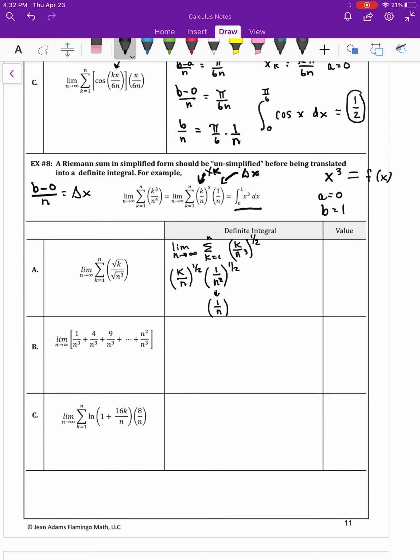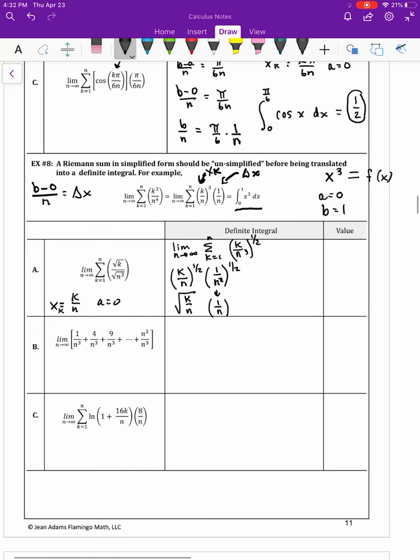That could be the same thing as k over n to the 1/2 times 1 over n squared to the 1/2. Do you see why I took that n squared? Because I know I want this to simplify to 1 over n. So 1 over n is my delta x. So my b minus a is 1. And then square root of k over n, my x sub k is k over n.